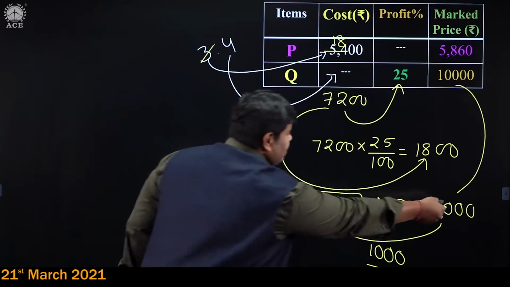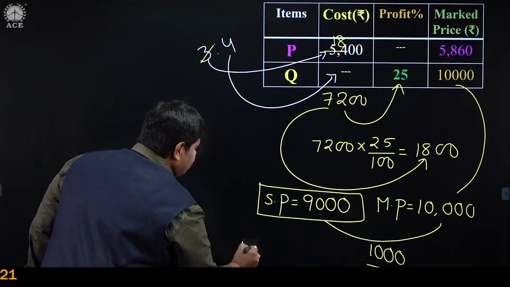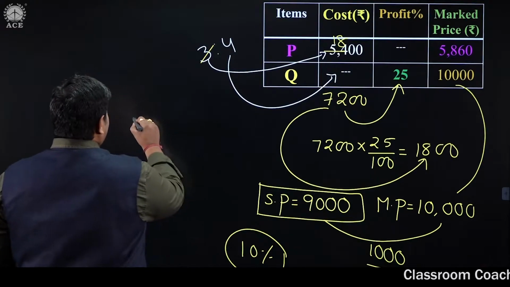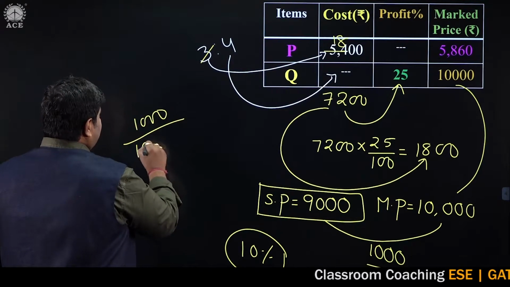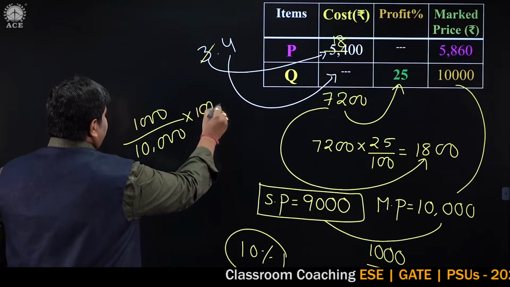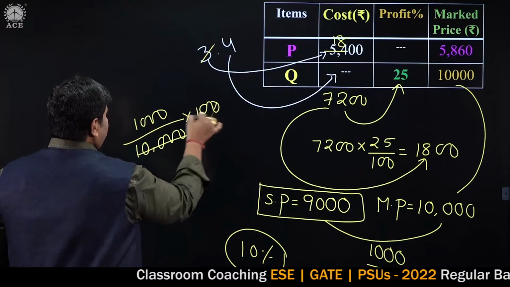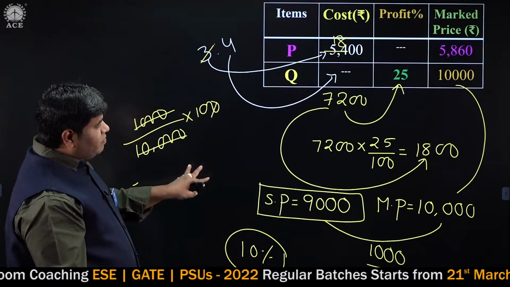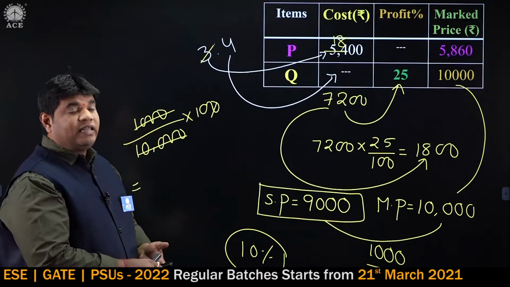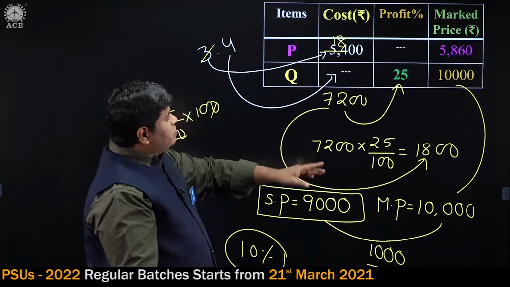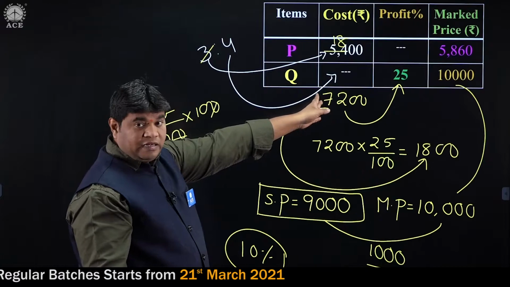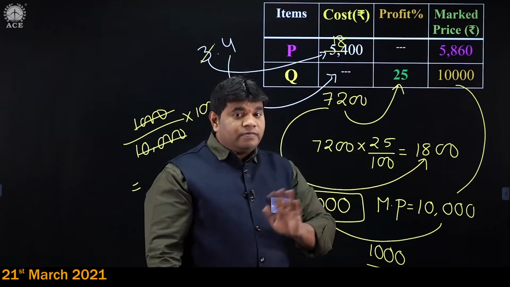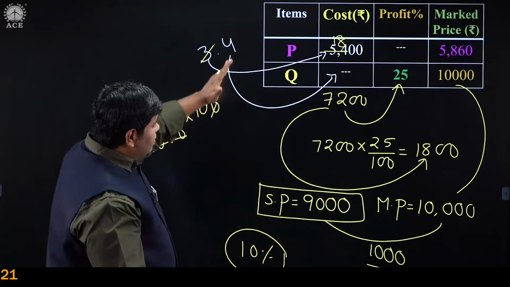In 10,000, 1000 means 10% discount. For clarity, 1000 upon 10,000 into 100, 4 zeros cancel with 4 zeros, so the answer is 10%. If you write the complete information like that, fine, but in the examination you can calculate directly: for 7200, 25% means 1800, so 9000. From 9000 to 10,000 the gap is 1000, compared with 10,000 is 10%, a direct answer. For understanding, write everything.